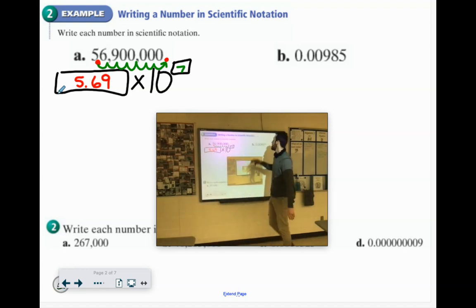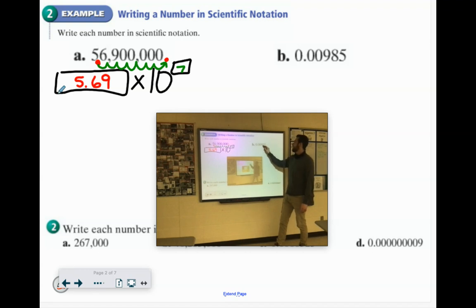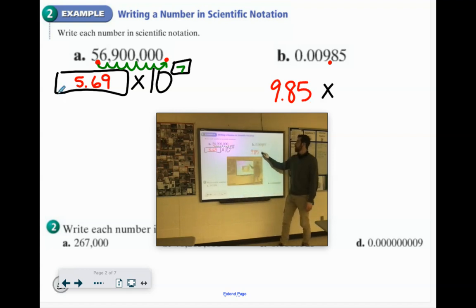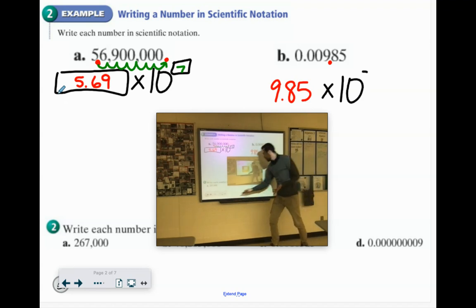All right, so this one, our decimal would have to be here to make it 9.85. Now this is a very small decimal, which means our exponent will be negative. So we count from where it needs to be to where it's at.